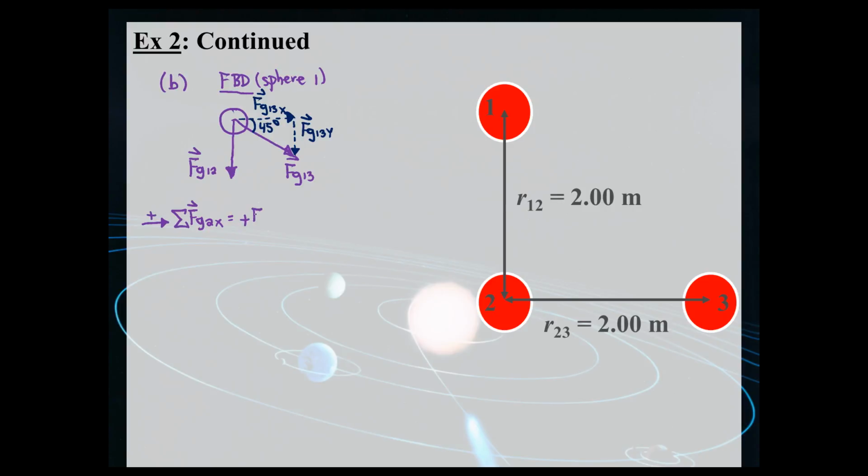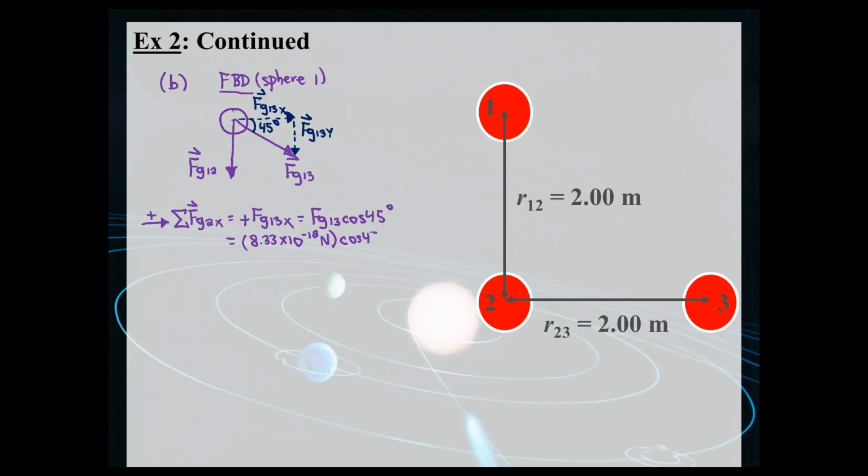So you have positive FG 1, 3 X. If we break that component apart, it would then be FG 1, 3 multiplied by cosine, as long as I keep that angle relative to the horizontal, 45 degrees. Okay, let's plug some numbers in. So FG 1, 3 is 8.33 times 10 to the negative 12 newtons. Again, I did that calculation on the first slide for this problem.